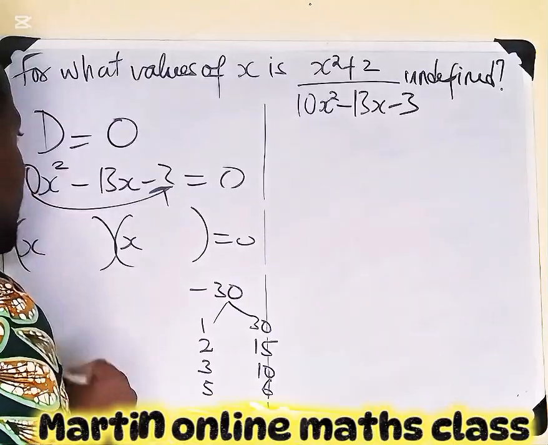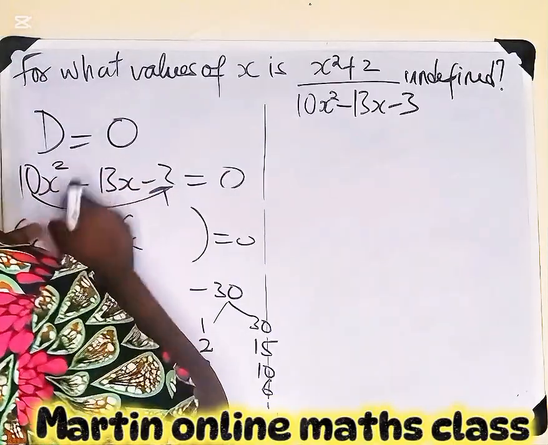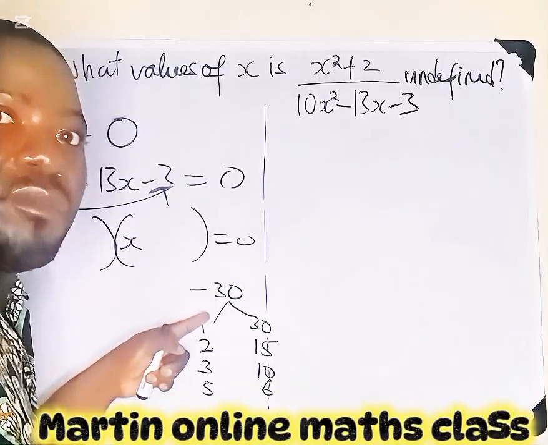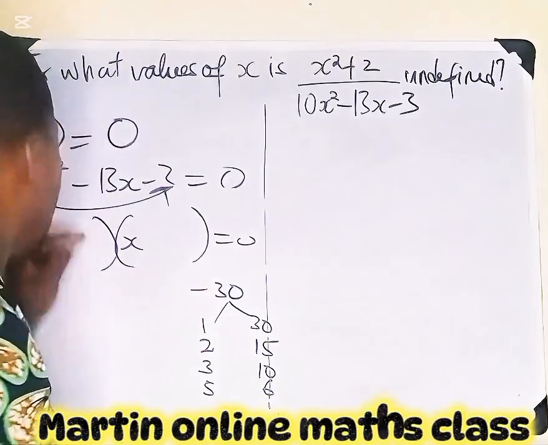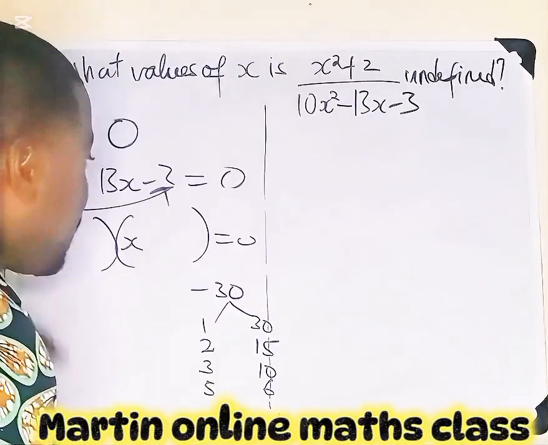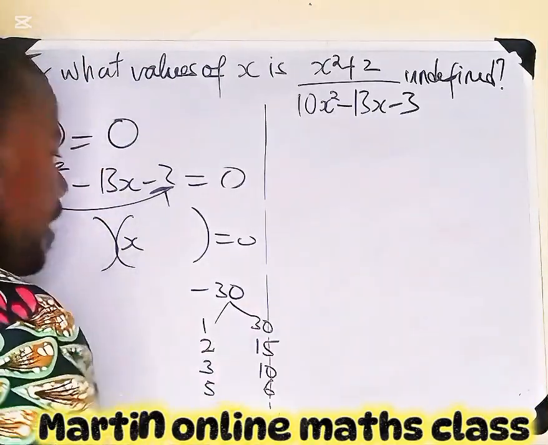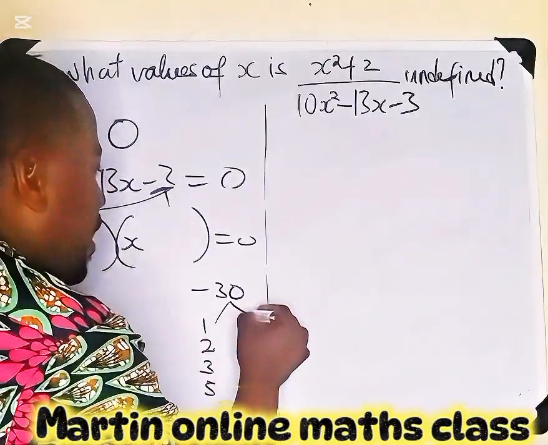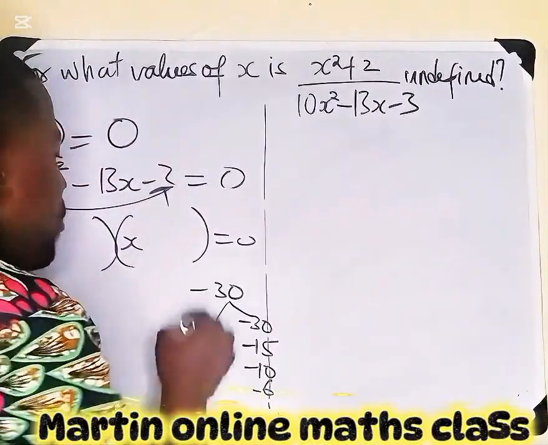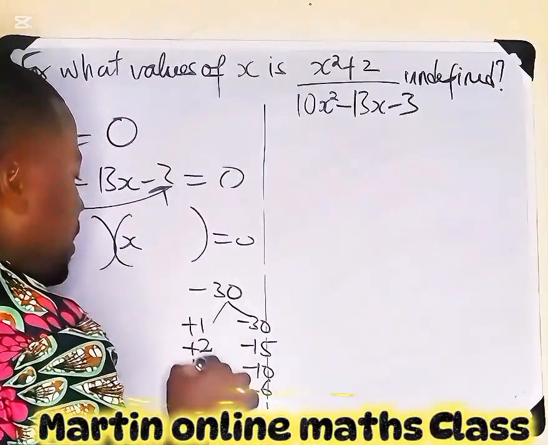Good. And if you observe, the sign of the product of the first and last term is negative, and the sign of the middle term is negative. This implies that of all these factors that we obtain, the bigger factors will be negative, while the smaller factors will be positive.